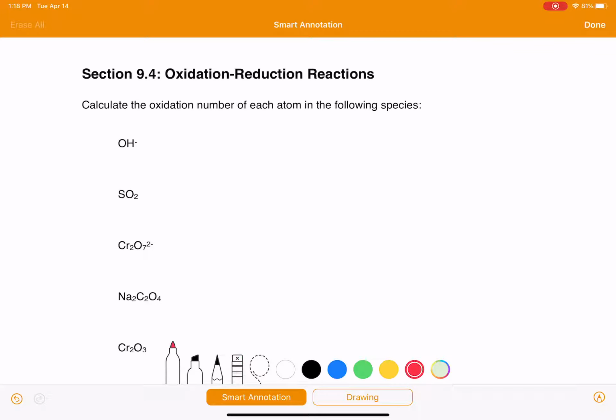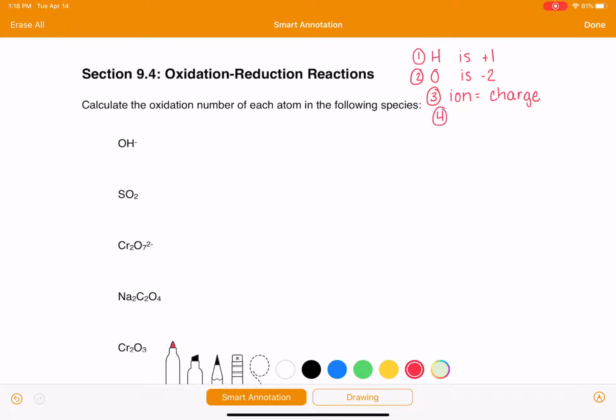Before we get going on this, let's refresh ourselves with the rules. Hydrogen is +1, and there are a couple of exceptions. Oxygen is -2, again, a couple of exceptions. For an ion, the oxidation number is the charge on that ion, like Na+, its oxidation number is +1.